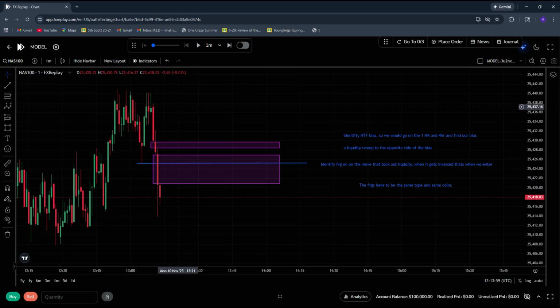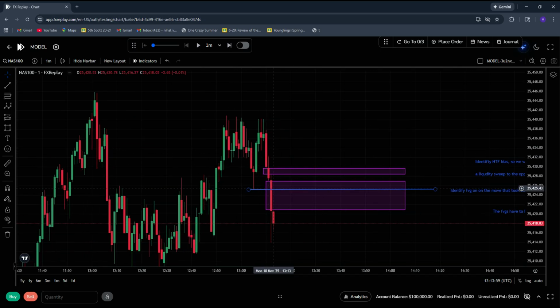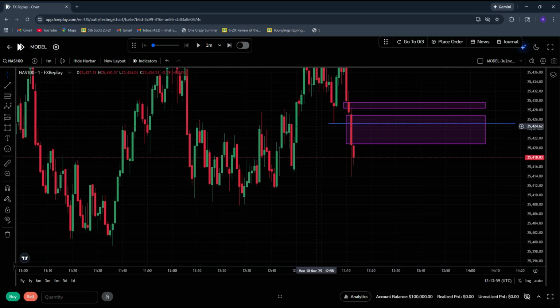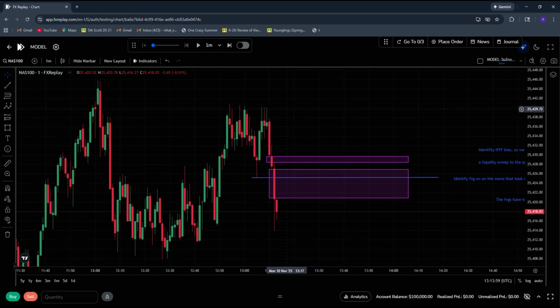So it has to be either 3 bearish candles like these 3 red candles, or 3 bullish candles like these 3 over here. It cannot be a green and 2 reds or anything like that. It has to be either 3 greens or 3 reds.